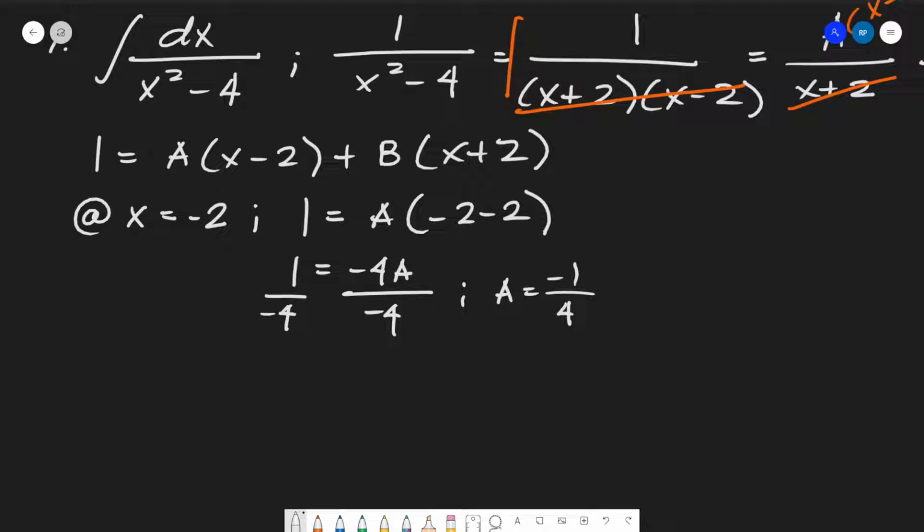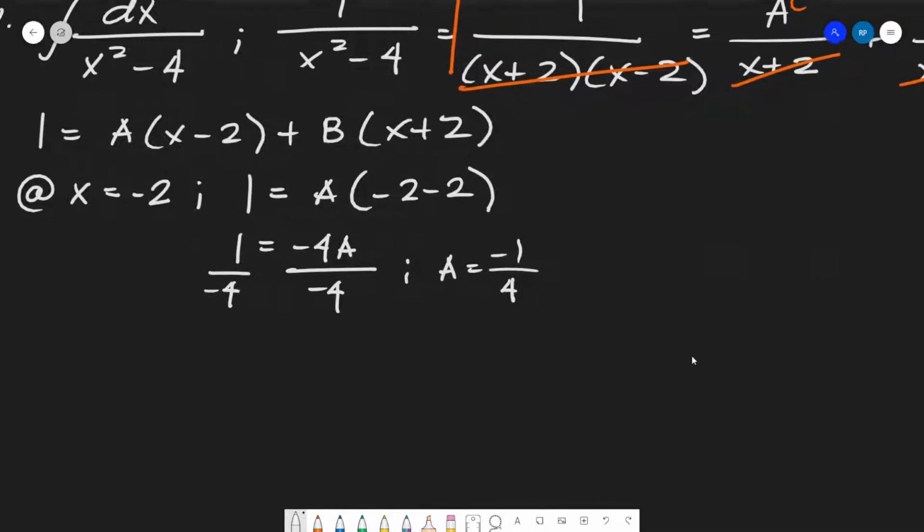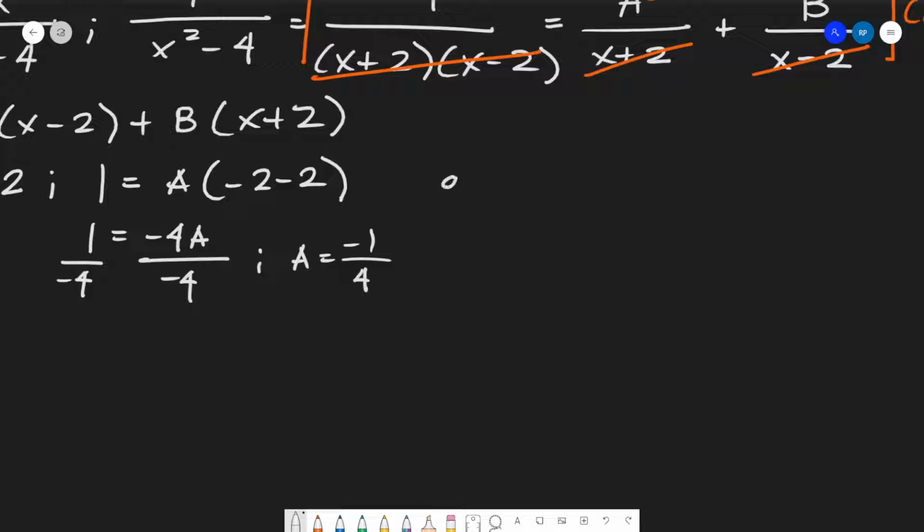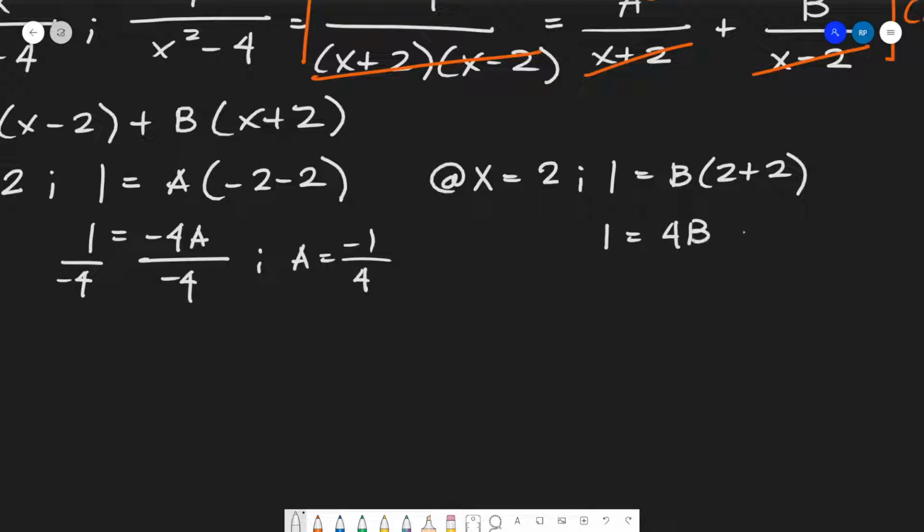That's the value of A. Next, for B, at x equal to positive 2, we have 1 equal to B times (2 plus 2), so 1 is equal to 4B. Divide both sides by 4. Hence B is equal to 1 over 4.